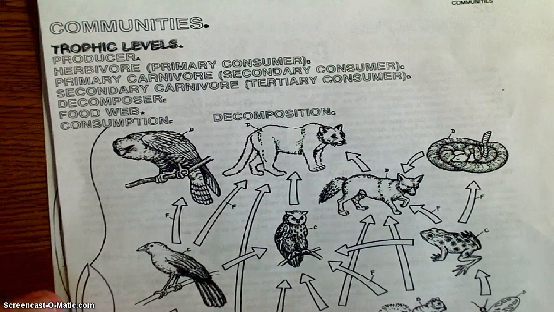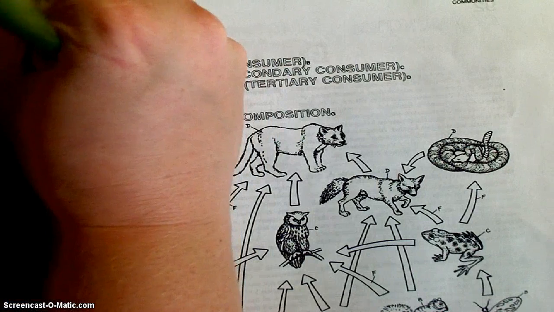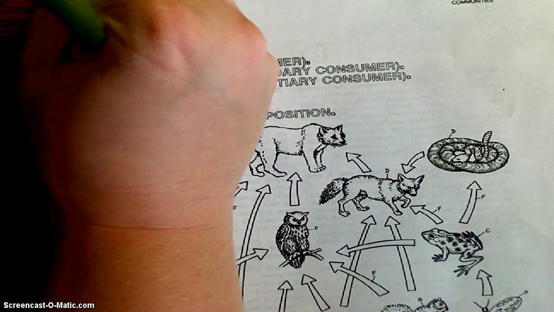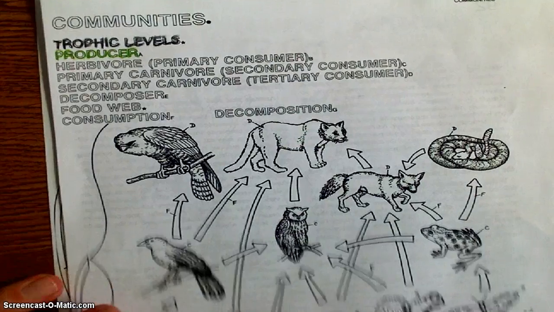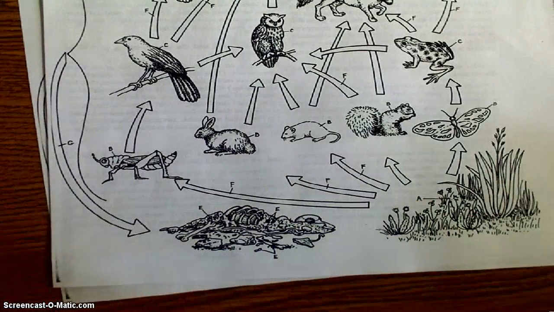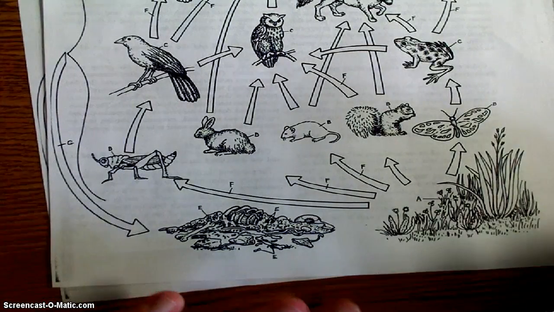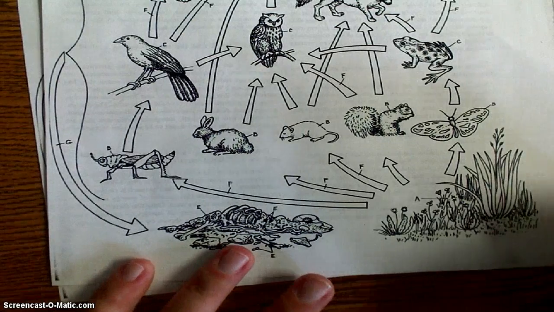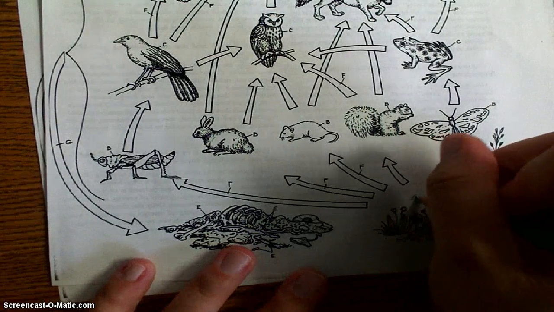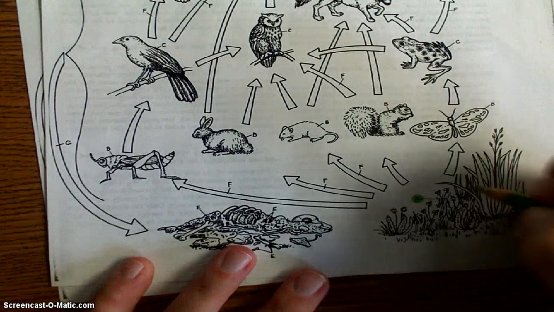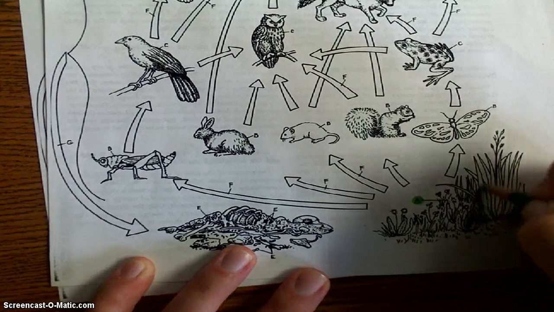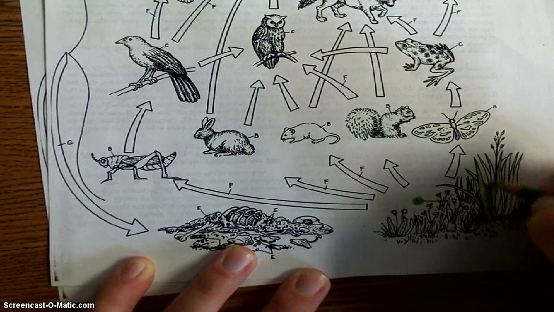And I'm still going to make my producer heading green. But if I wanted to come down to the bottom and I wanted to color in these flowers or make this plant a different color, I may just go and find the letter A and shade that one in green. And then I'll come in here and I'll color some of this stuff green.